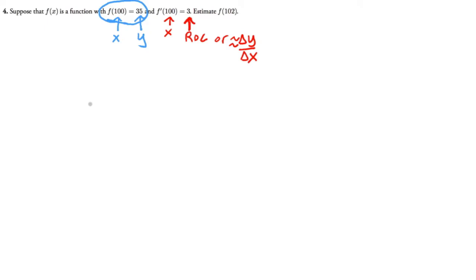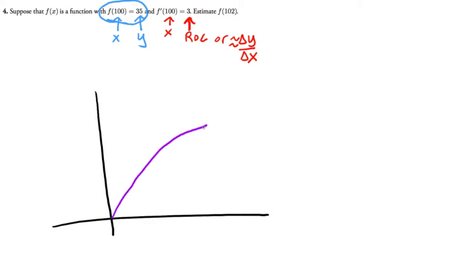So let's just draw a picture so that I can show you what I mean. Let's just say hypothetically that this function looks kind of like that, sort of. And let's say that this point right here is 100, and so the y value right here would be 35.